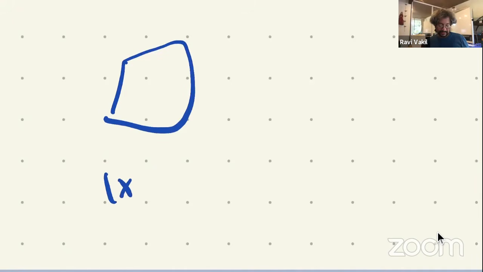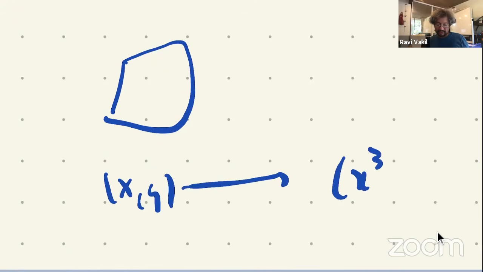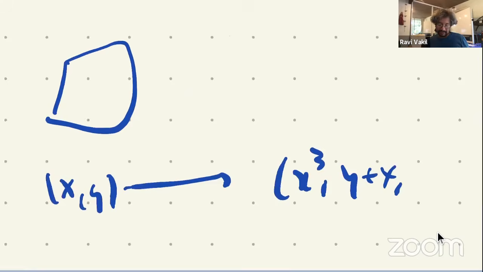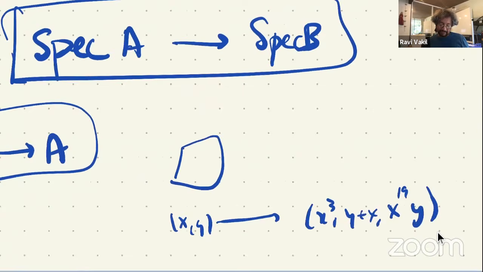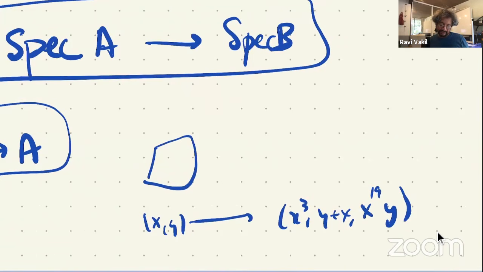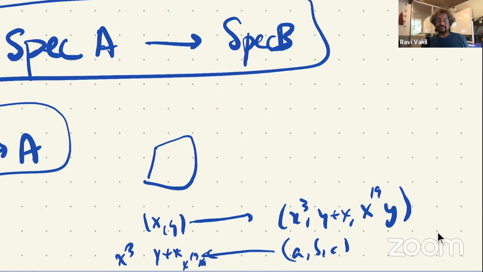Like if you're used to in coordinates sending x, y to x cubed, y plus x, x to the 19th y, the ring map would send, I need new letters, A, B, C, A to x cubed, B to y plus x, and C to x 19th y. So the point is that the naive thing you're doing with sending points does tell you what's going on with the algebra.